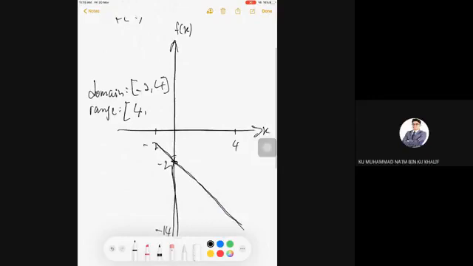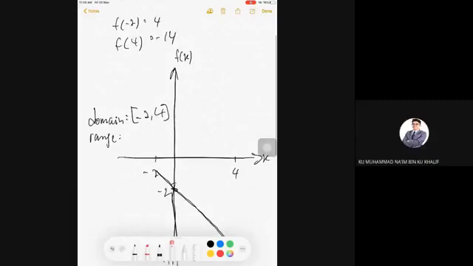Negative 14 and then? Negative 11? So dekat satu dah. Boleh you share? So kita ambil untuk 4 dengan negative 2 ke? Ya.